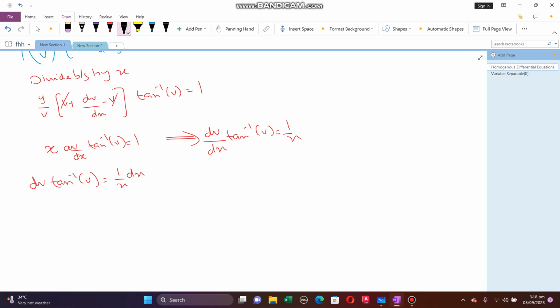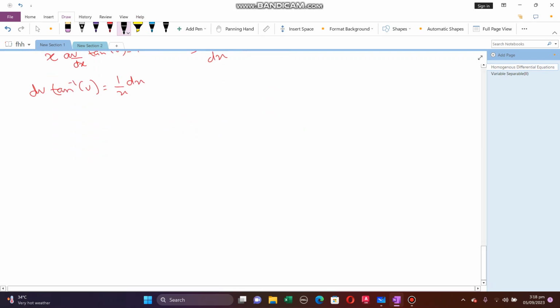We need to apply integration on both sides. Now the right hand side can be easily solved, but on the left hand side we need to apply integration by parts.